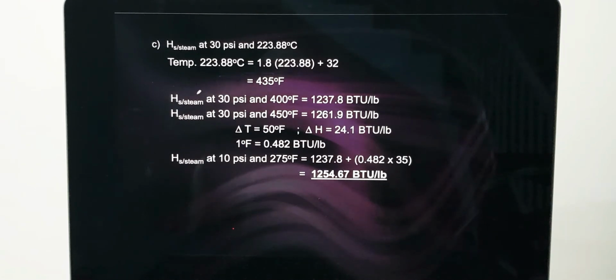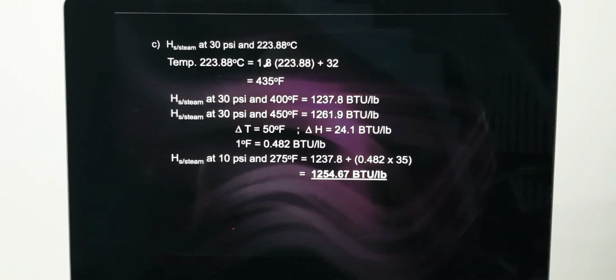So again, from attachment number 3, the superheated steam table, gather the information. At 30 psi and 400 degrees Fahrenheit, you should be able to get 1237.8 BTU per pound. At 30 psi and 450 degrees Fahrenheit, 1261.9 BTU per pound. Why do we gather these two temperatures?